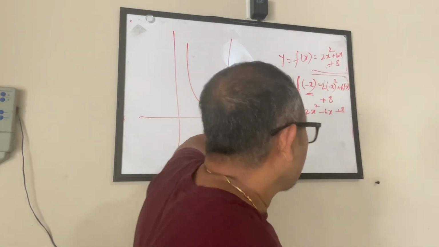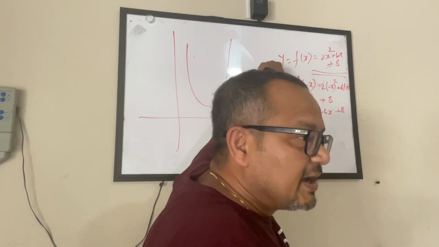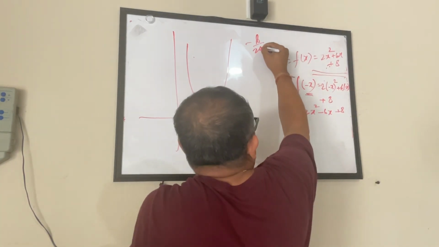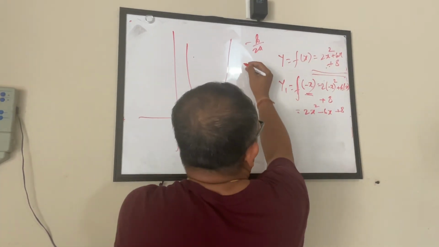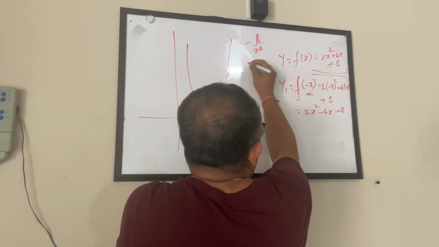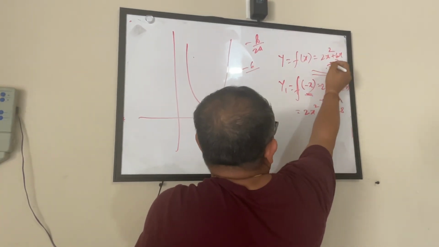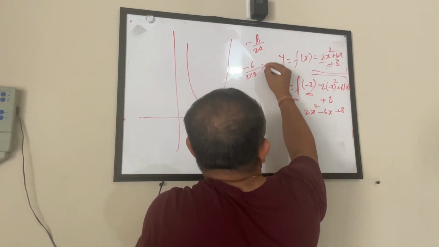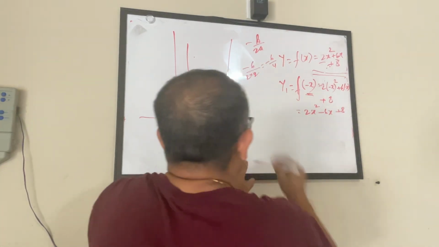Yeah? Now here, what is the x coordinate of my vertex? Let's go by same formula, minus b by 2a. Okay? In this case, what is my x coordinate? It is minus b by 2a, so minus 6 by 2a, 2 into 2, 4, so it is minus 6 by 4, okay, x coordinate.